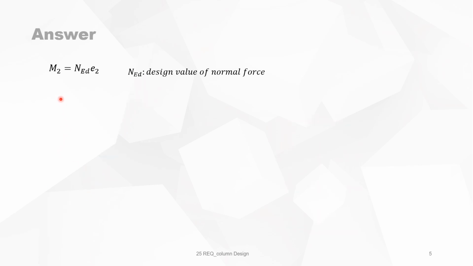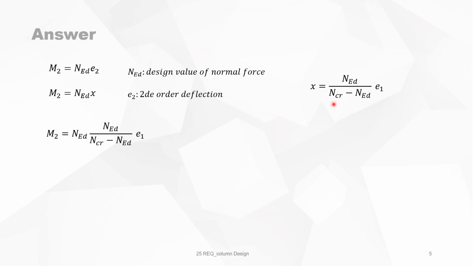The second order bending moment is by definition the design value of the normal force multiplied by its eccentricity. So E2 is the second order deflection, and in our case it is X. So the second order bending moment is NED times X, but we've seen X is proportional to E1 with this factor.